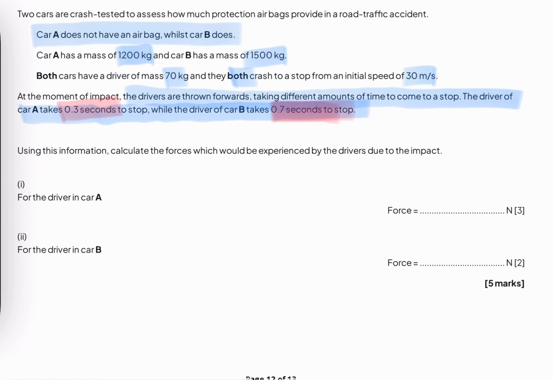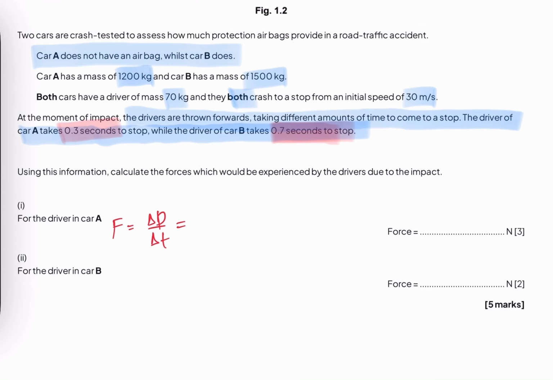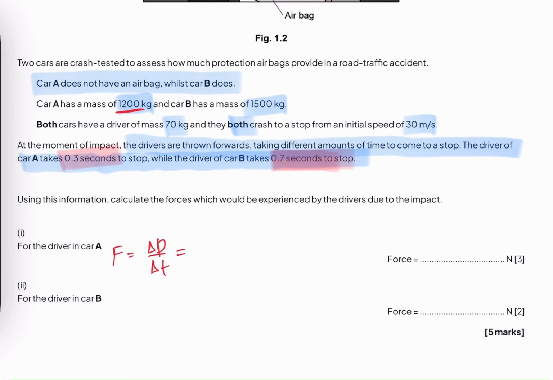So we have to use a simple relation of force, that is change in momentum divided by change in time. For calculating part 1, for car A, the mass is 1200 kg and 70 kg is the passenger. So mass is 1200 plus 70, multiplied by its velocity.